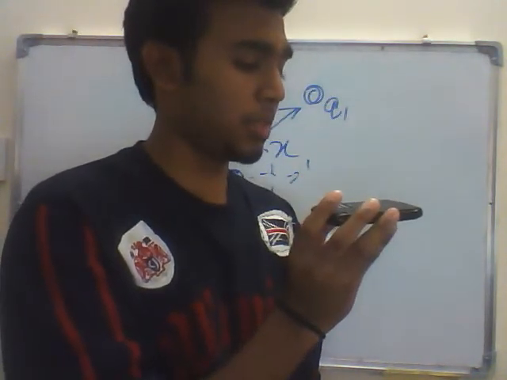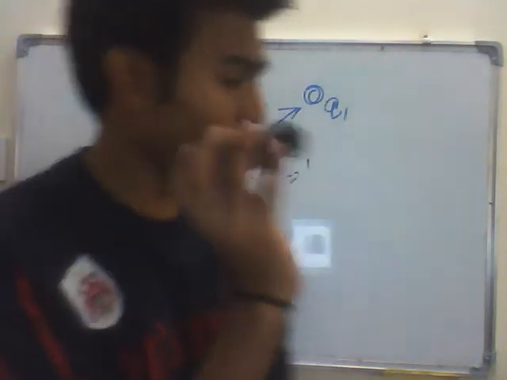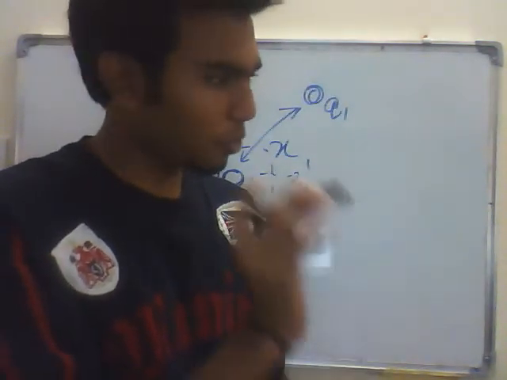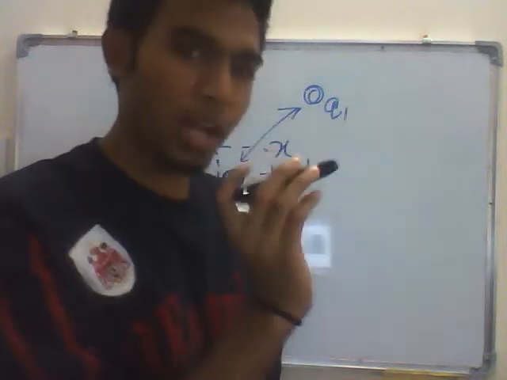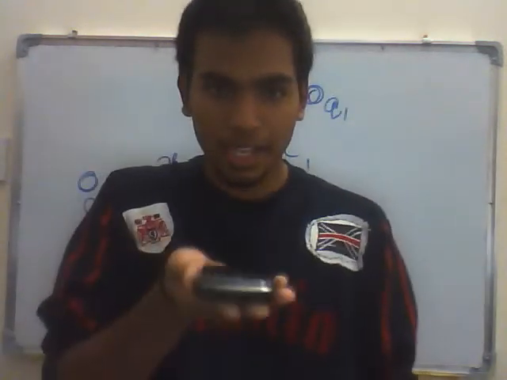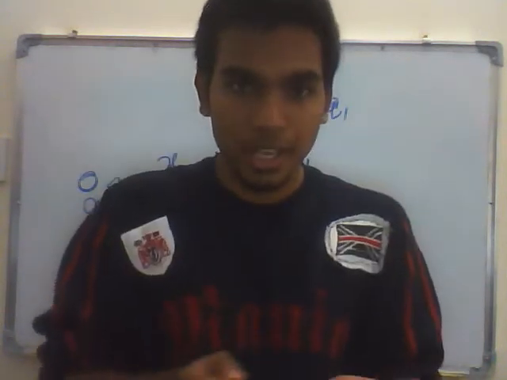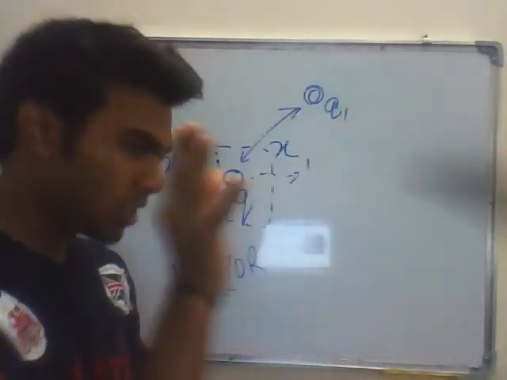Maybe it might be X Newton, Y Newton, whatever. But I'm giving the force in a certain direction. That's why the phone is going to go there. If I give the same amount of force in this direction, the phone is going to go up. If I give it in that direction, it's going to go that side. I need my phone back.